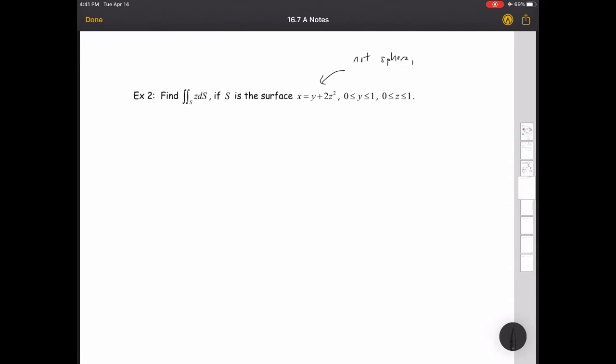It's not a cone. It's not cylindrical. And because it's not any one of those 3 specific things, you probably don't want to put this into spherical or cylindrical coordinates, so we're probably just going to go with the trivial parameterization here.